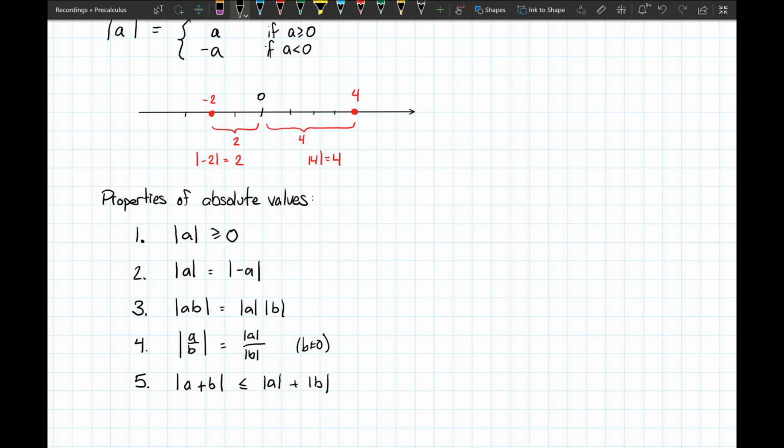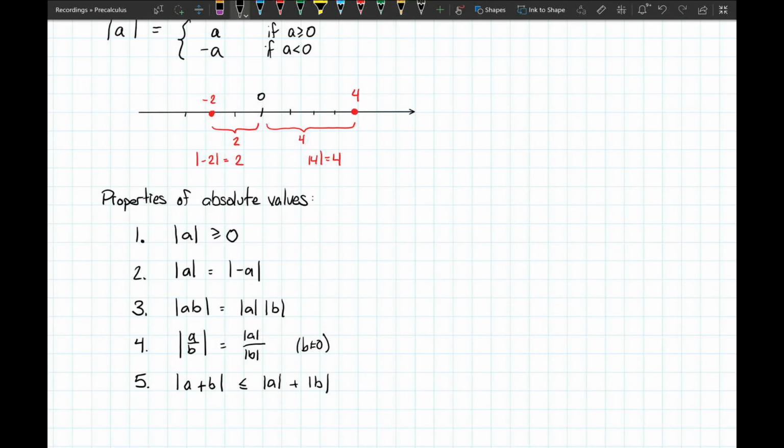You can see that rule number 3 and rule number 4 allow you to break apart factors and then take individual absolute values of individual factors. But if you have two terms added together, it's not an equal sign. The absolute value of a plus b is not necessarily equal to the absolute value of a plus the absolute value of b.